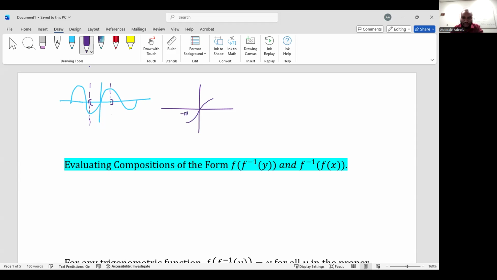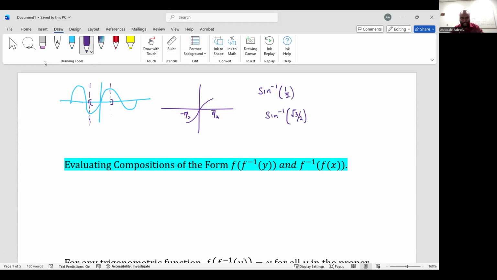For that, we say that is from negative pi over 2 to pi over 2. And that allows us to evaluate problems like this. We've done that in our last class. The same thing with cosine and tangent.